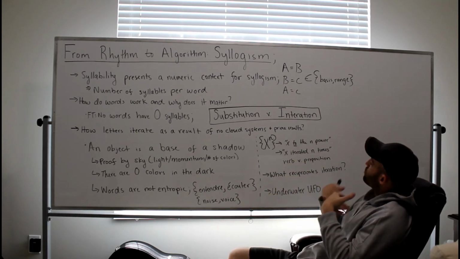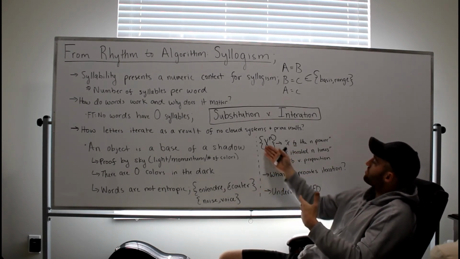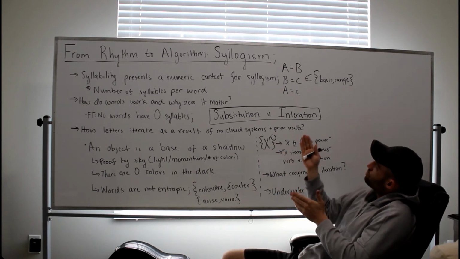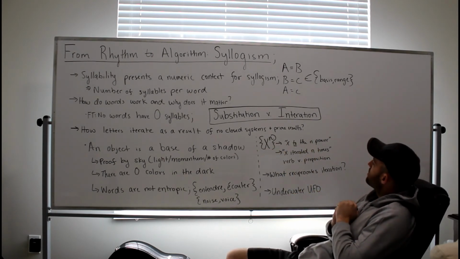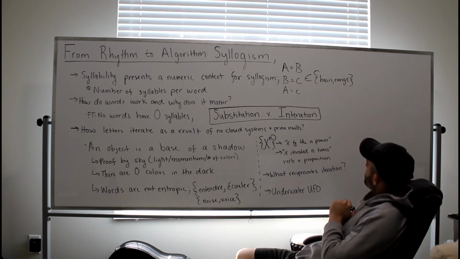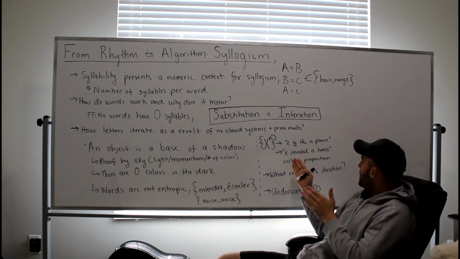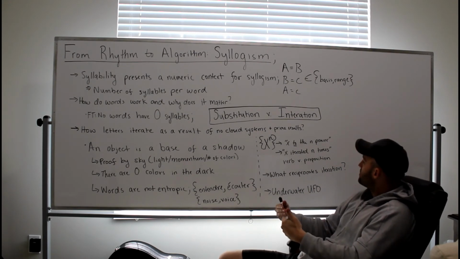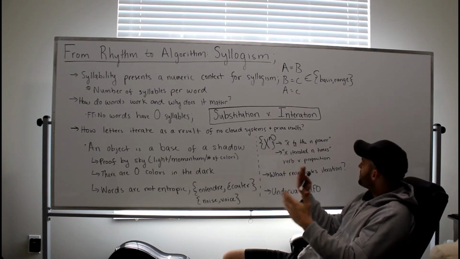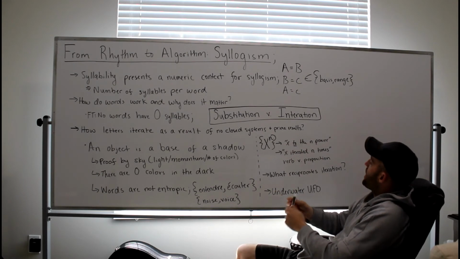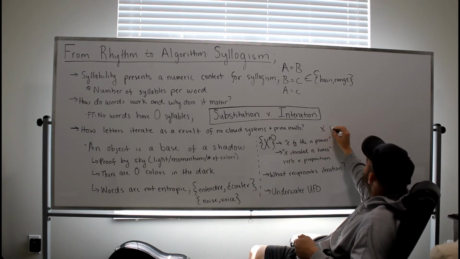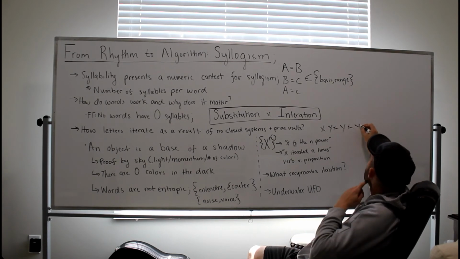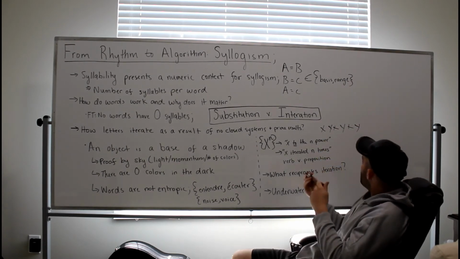When we have a preposition in the verbiage of describing this symbolism, syllogism, symbolism, it's wrong. And so x iterated n times. X multiplied, right, iteration, like if you wrote that out, x to the third, x times y times y times y.